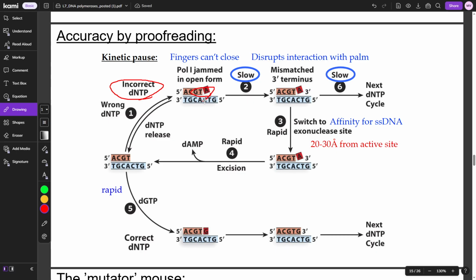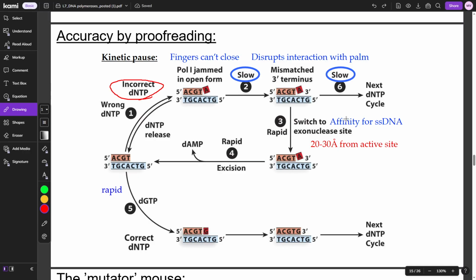Remember that open conformation of the hand? Then what's going to happen is Pol 1 is going to try and close, and it's going to get stuck in that conformation. It's just not going to work. But with this mismatched 3' terminus, there are two options.